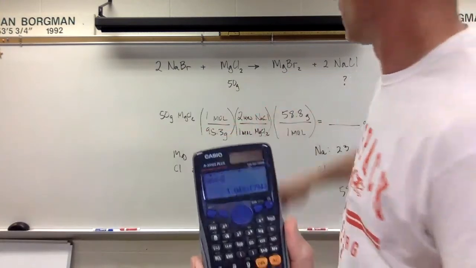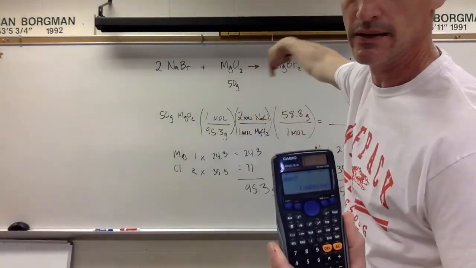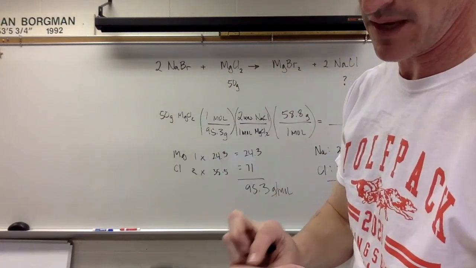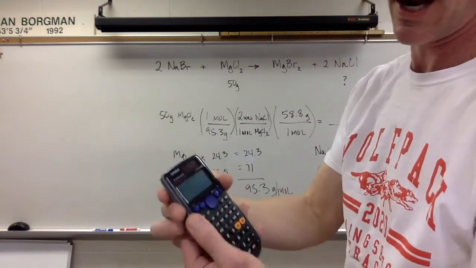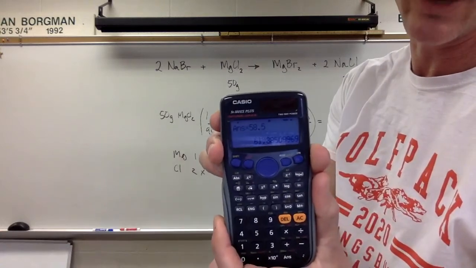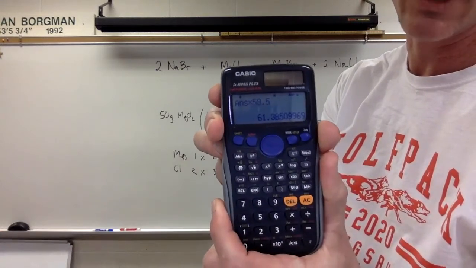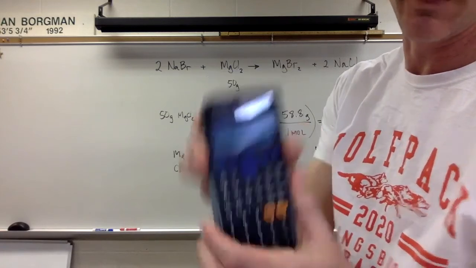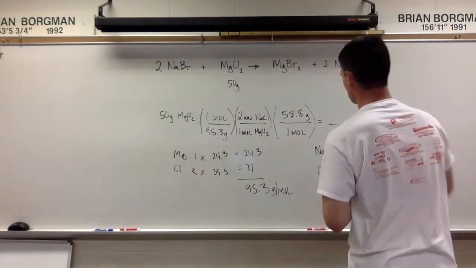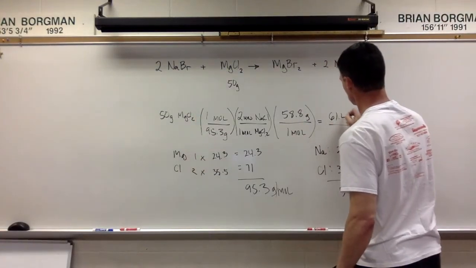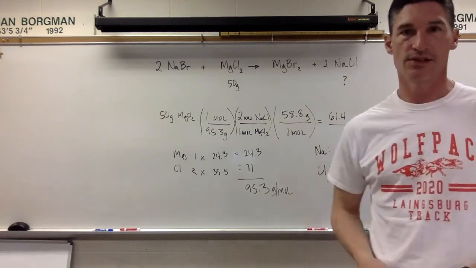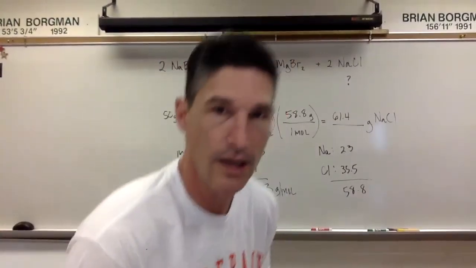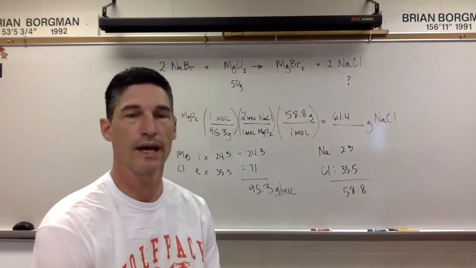Leave it there. Now I go from here to here, so I multiply by 58.8. Take that answer times 58.8, and I get 61.385, whatever. Round that to 1 decimal point, so I'd call this 61.4 grams of sodium chloride being made from this reaction.